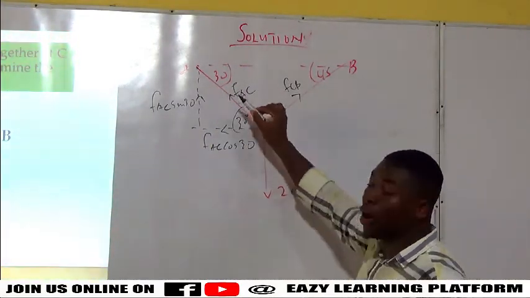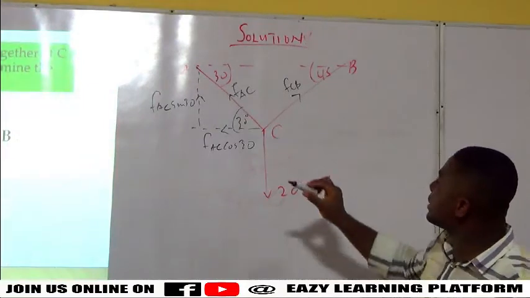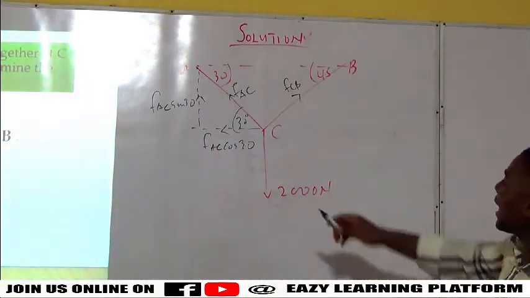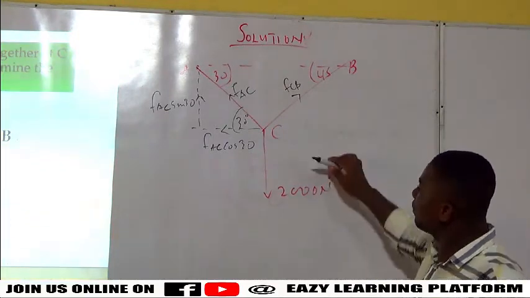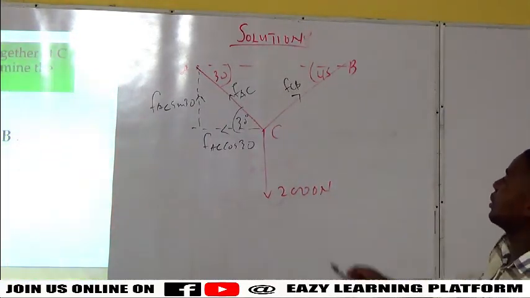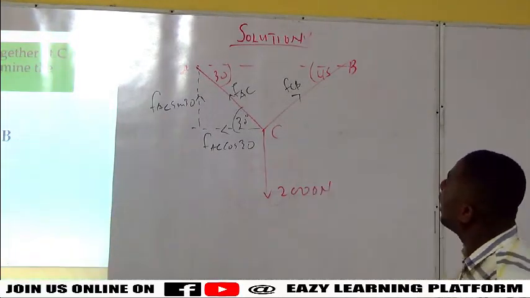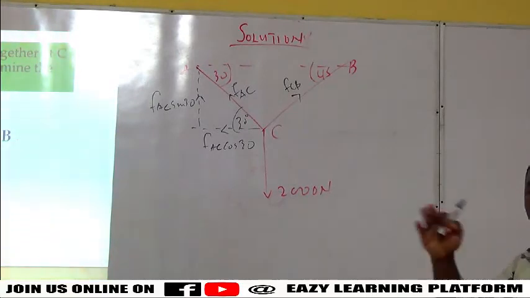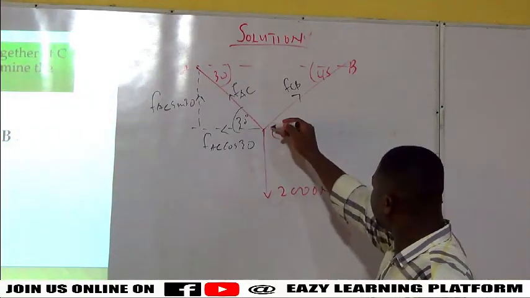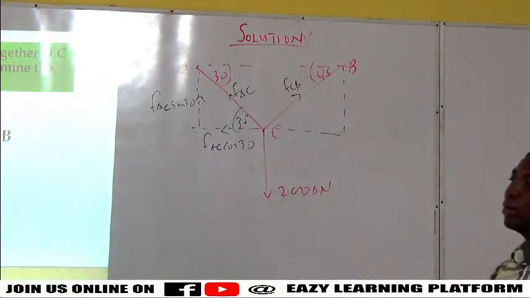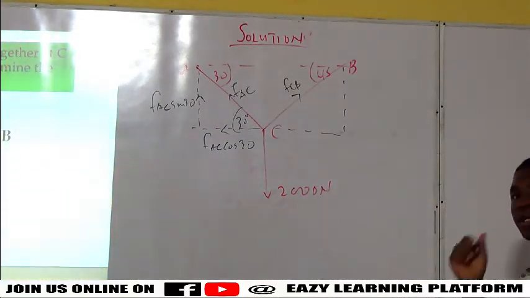Having found the rectangular component of FAC at an angle of 30 degrees from the horizontal, we also find the force FCB in terms of what? The rectangular component. So the same thing, you complete your right angle triangle, then your forces.